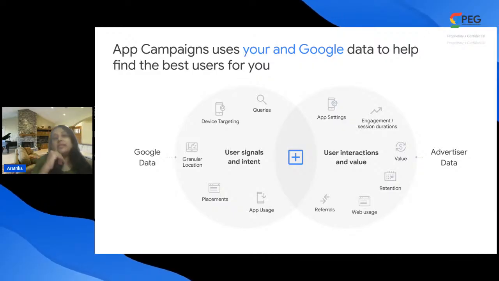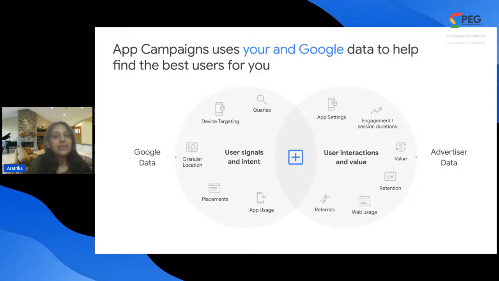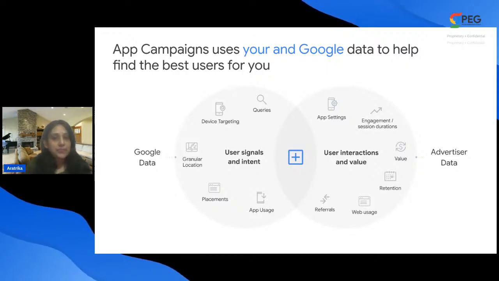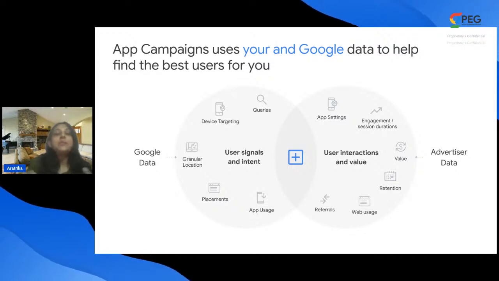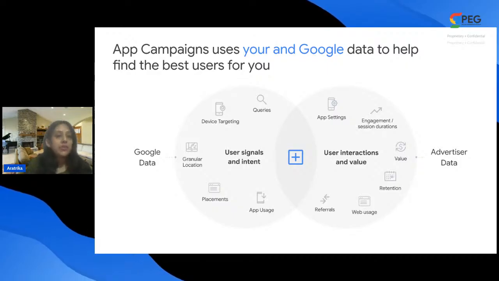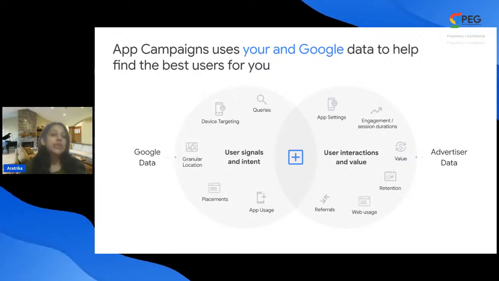There could be multiple signals that the system is always analyzing. There is also certain advertiser data. When it comes to the advertiser data, the advertiser will be able to identify whether it's a new user or an existing user, what is the time spent within one particular session, and the kind of engagement the user has shown. So all these are data related to the advertiser.